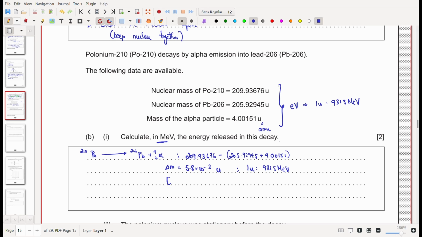So E is equal to 5.8 times 10 to the power of minus 3 U times 931.5 mega electron volts per U, which is equal to 5.41 mega electron volts.